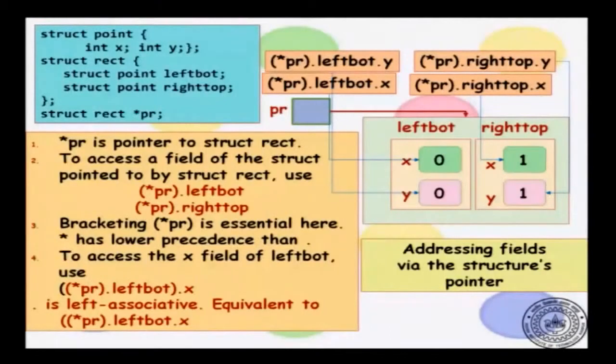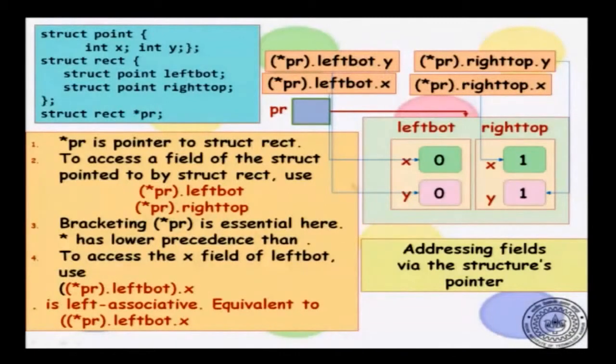Now, let us see how the memory depiction of this looks like. So, when you define struct rect star PR, PR is a pointer to a structure of type rectangle, and then if you want to access the y coordinate of the left bottom, you would say star PR dot left bot dot y.